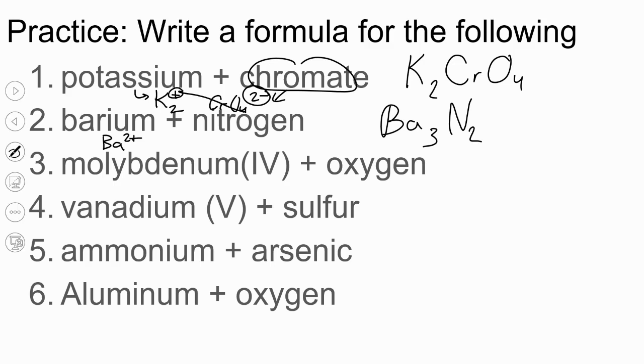And then nitrogen, what's the charge on nitrogen? Good. 3 minus. And so then we can use these numbers to tell us how many of each we need. So we need 3 bariums for 2 nitrogens. And then we just have to make sure it's simplified.